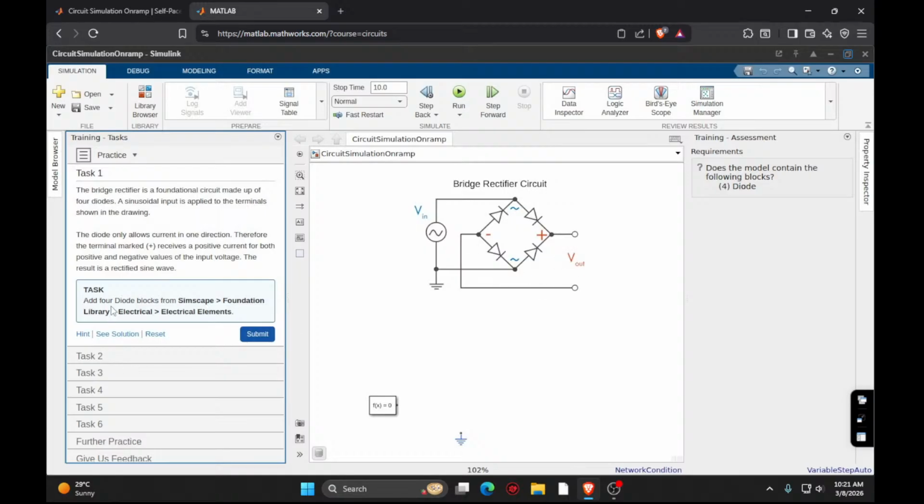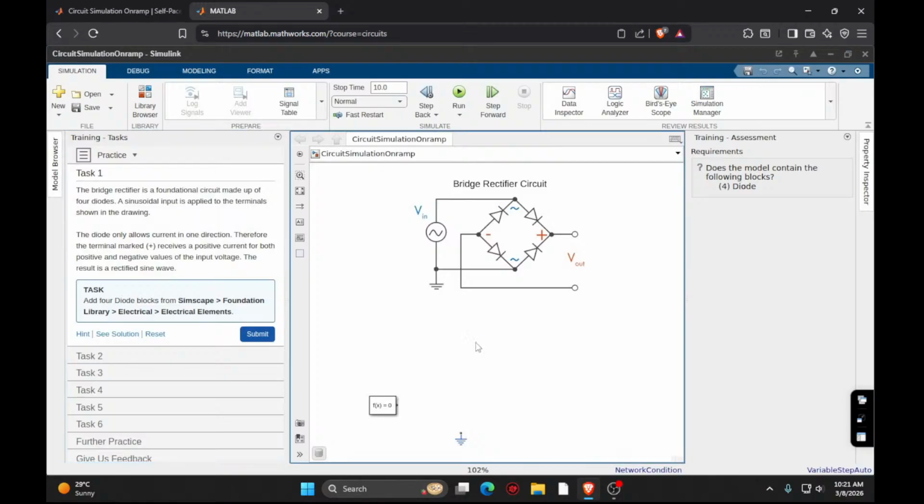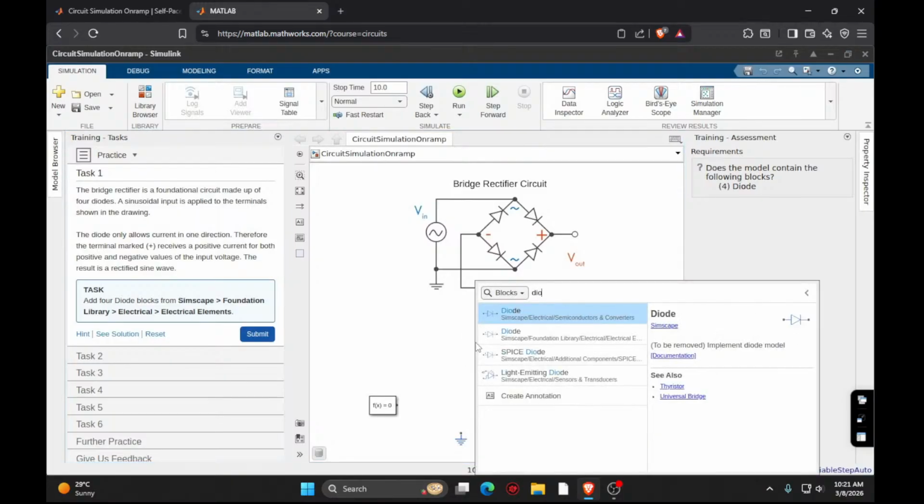Now what do we have to do? Add four diode blocks from the Simscape Foundation library. All right.